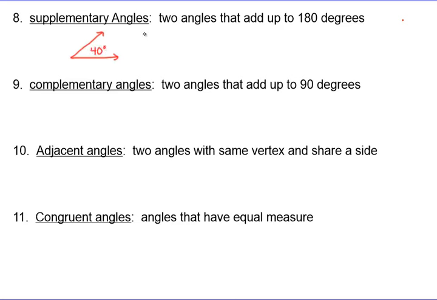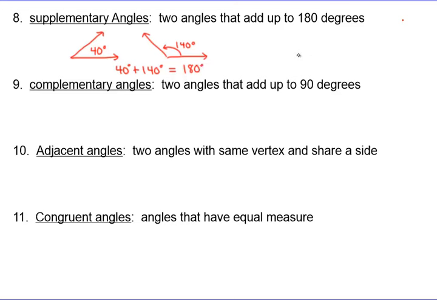Okay, and let's say that I had this angle, and this angle was 140 degrees. These two are supplementary because 40 degrees plus 140 degrees equals 180 degrees. So we can write it like that.